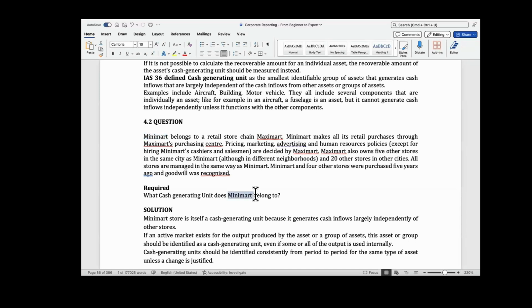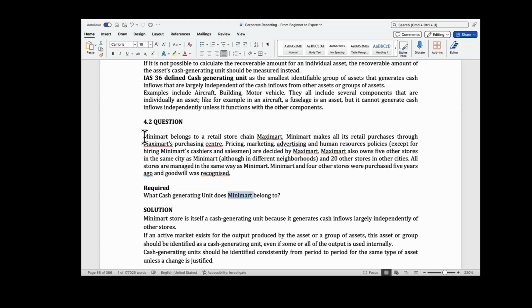So to answer that, the question is: can Minimat make money when all is provided to Minimat, when it has good marketing going on and all of that? If Maximat has provided all it needs to provide, can Minimat make money on its own?